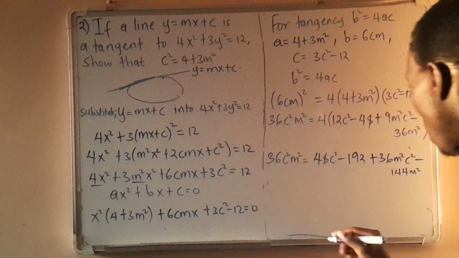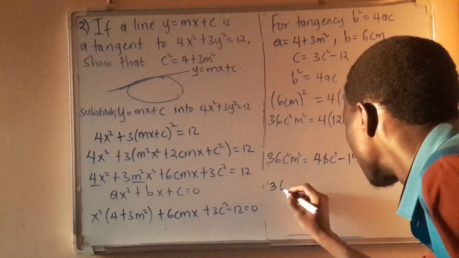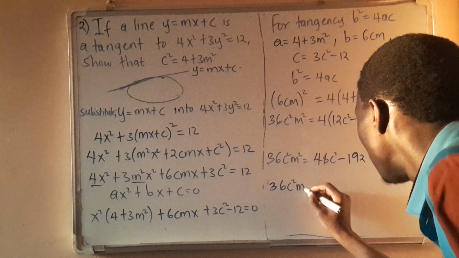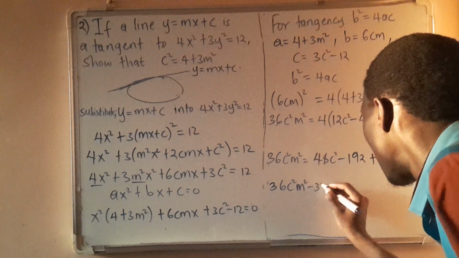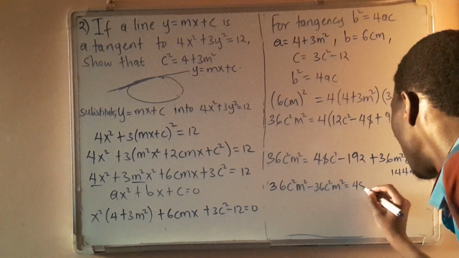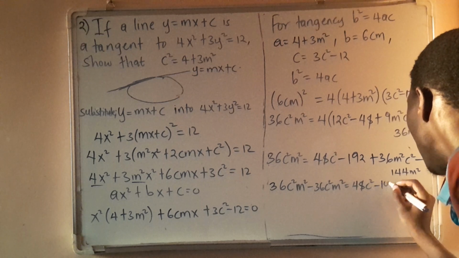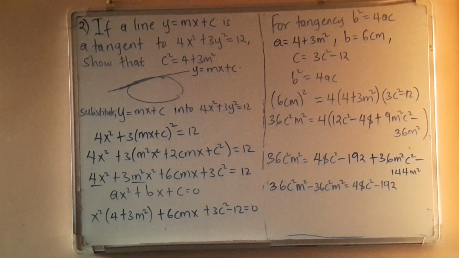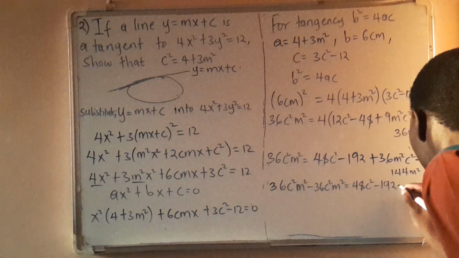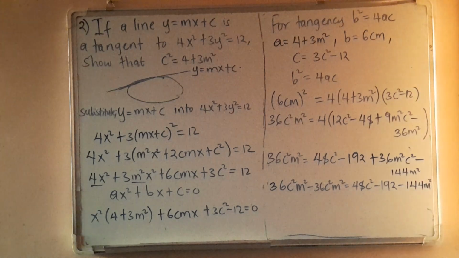So I will have 36c squared m squared minus 36c squared m squared, which is 0, equals 48c squared minus 192 minus 144m squared.